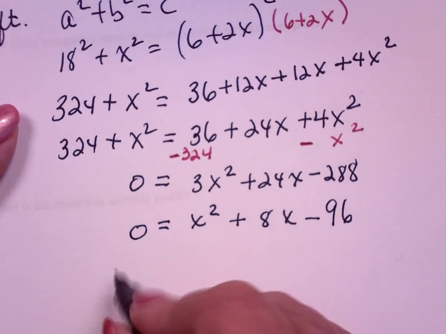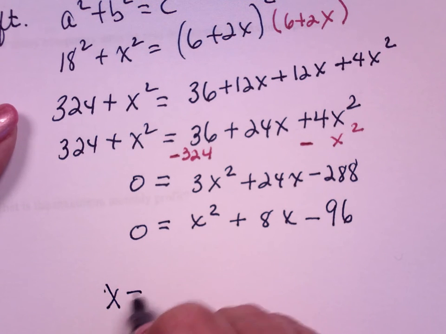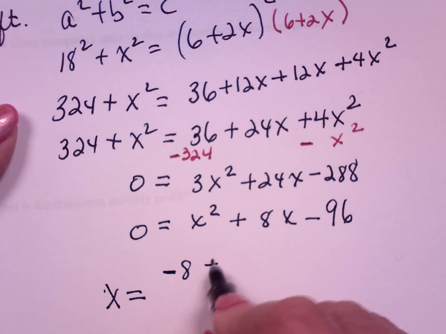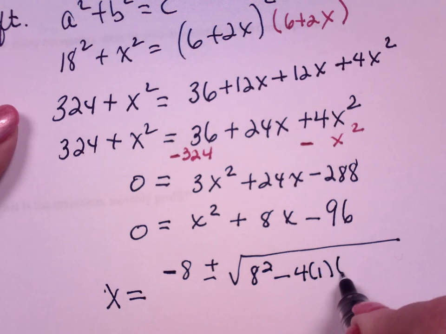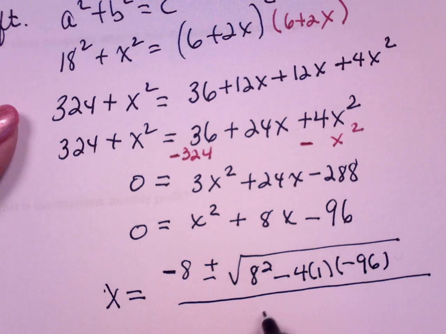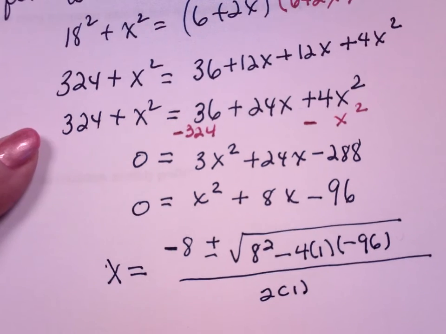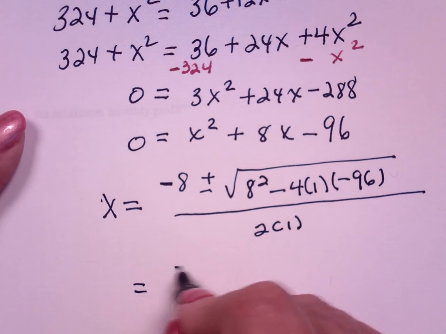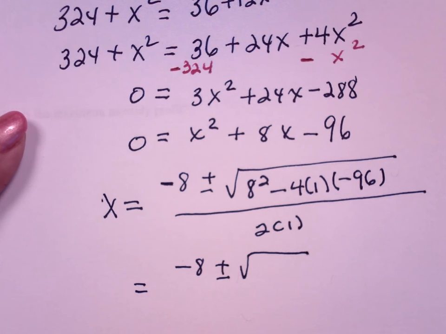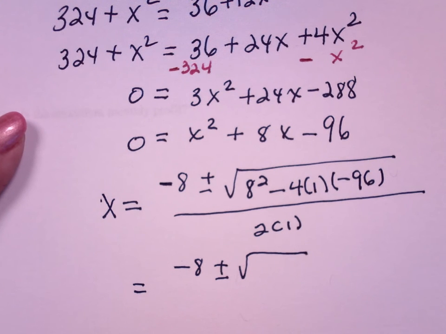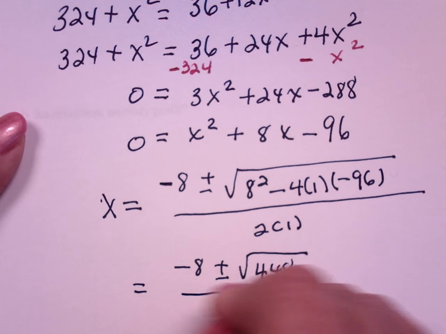So quadratic formula, so that x is minus b plus or minus the square root of b squared minus 4 times a times c all over 2 times a, which is minus 8 plus or minus the square root of 8 squared minus 4 times 1 times negative 96, which is 448, all over 2.